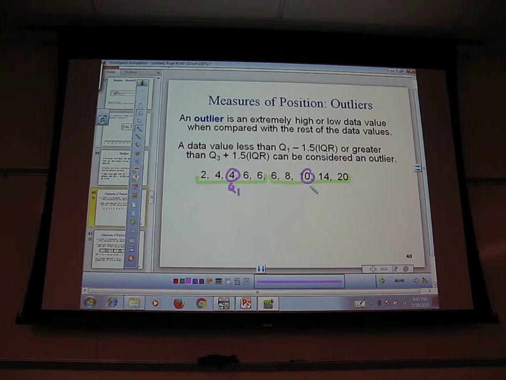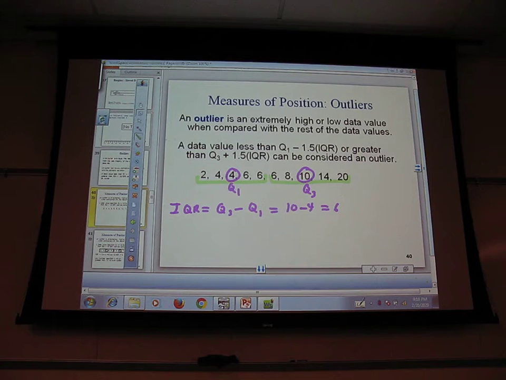And this is my Q3. Oops, I should probably not overwrite 10. So my IQR is, again, Q3 minus Q1, so that's 10 minus 4, 6. Everybody on board with that?